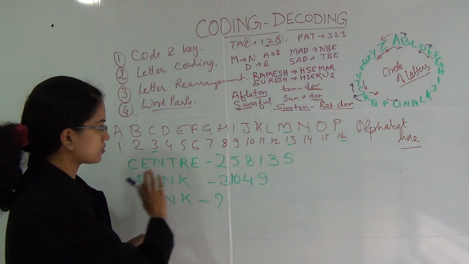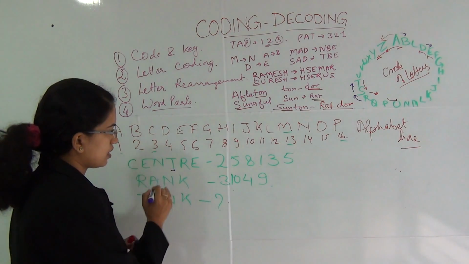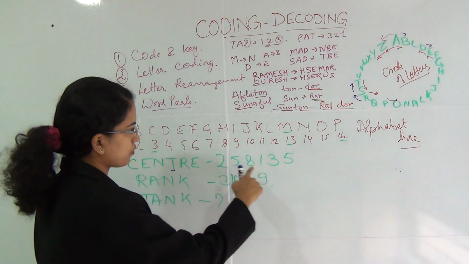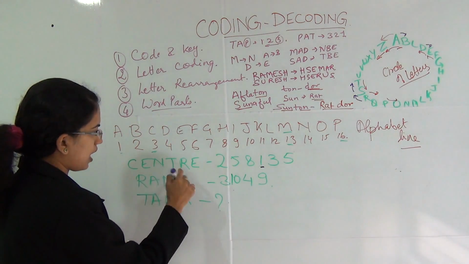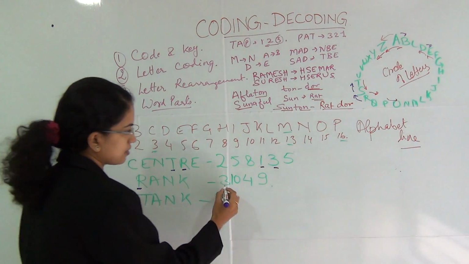So if I form this question, for example, as T, here is the fourth letter, so the fourth number is 1, then R here is 3 and R here again becomes 3.